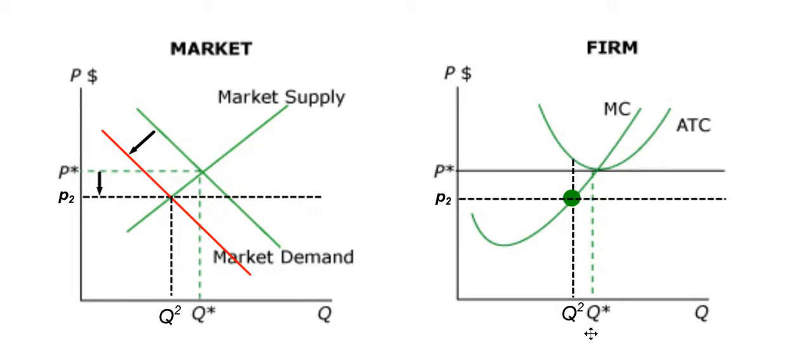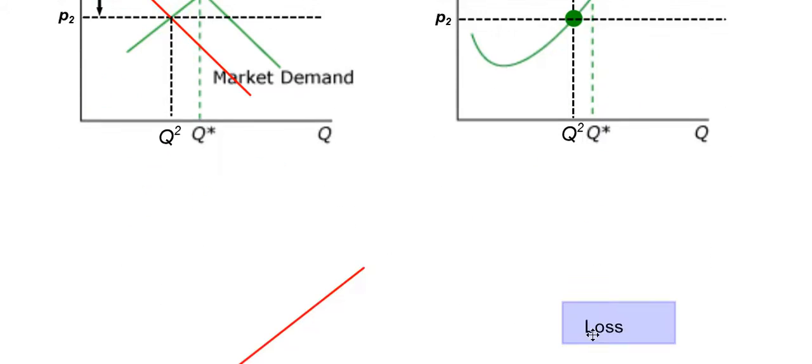Now, the last thing is, is the firm going to be operating at a profit or a loss? Well, we can see at this new price and new level of quantity produced, the price is quite a bit lower than average total cost. So the difference between the average total cost and the price is going to be the firm's loss in the short run.